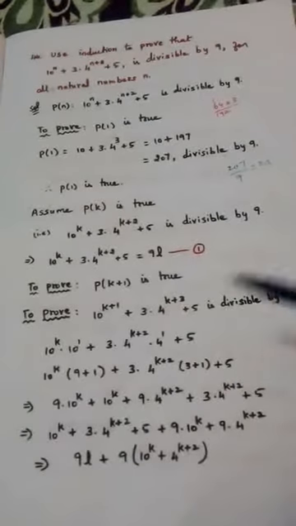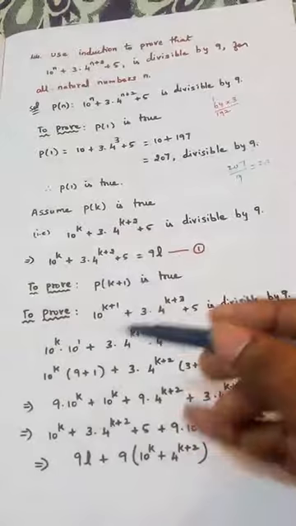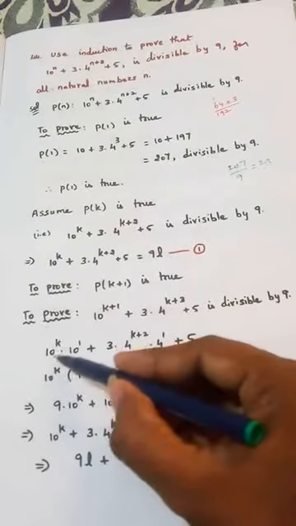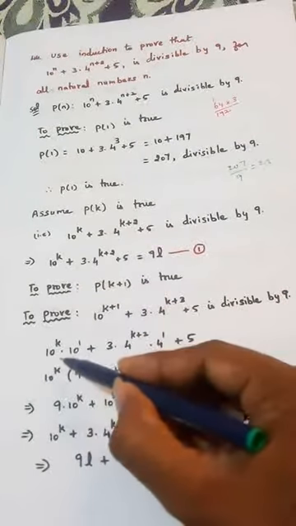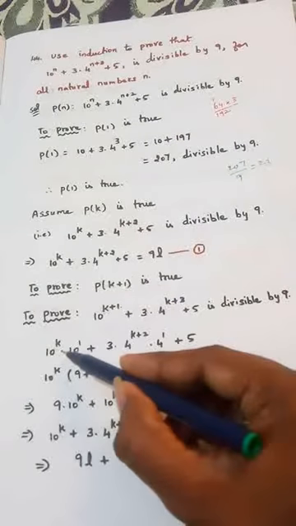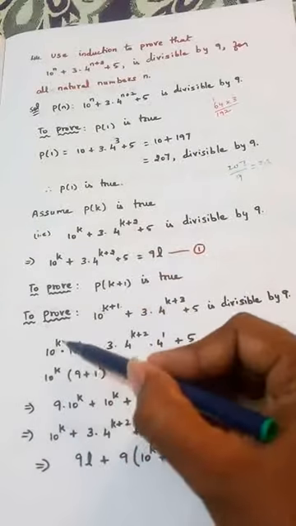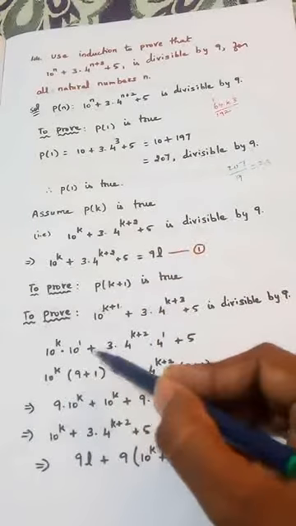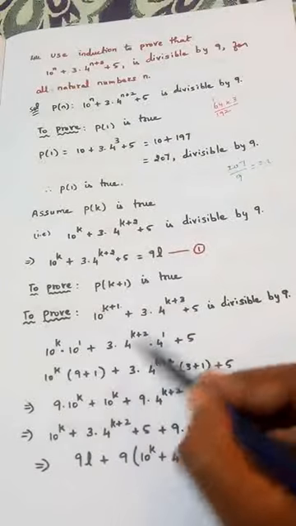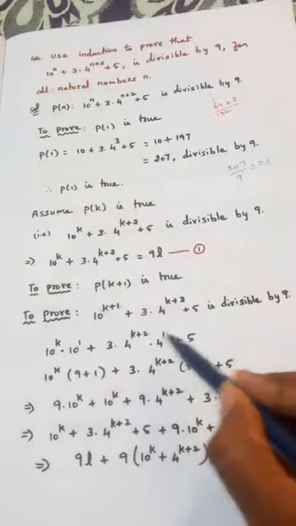Now try to understand, listen carefully, then only you will understand. Now see this, 10 power k plus 1 is written as 10 power k into 10 power 1. So I am splitting this power into two terms. Keep that in your mind, this is into, not plus. So 10 power k into 10 power 1 plus 3 into 4 power k plus 2 plus 1.